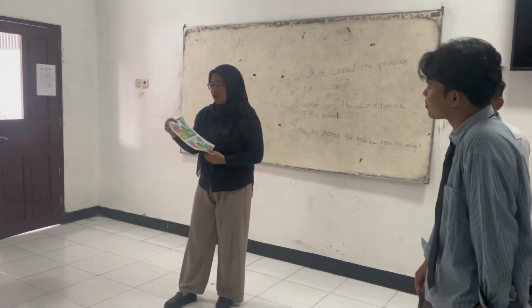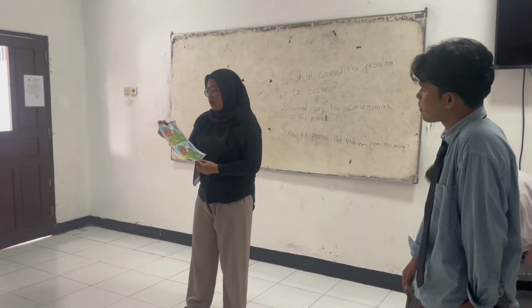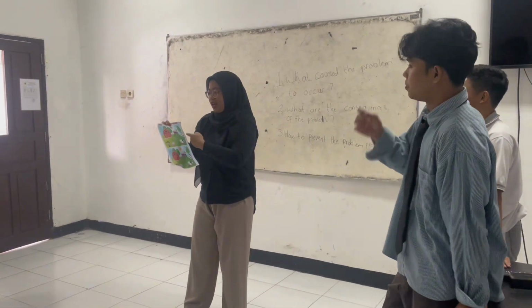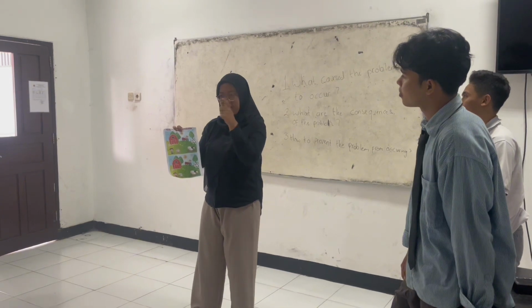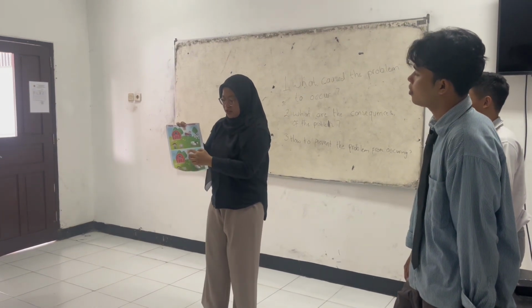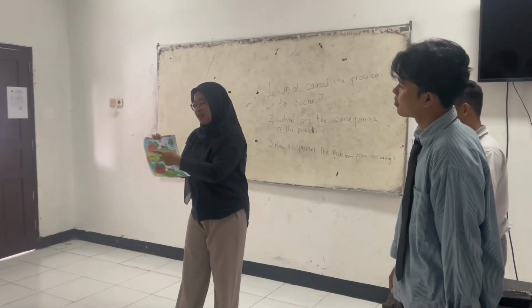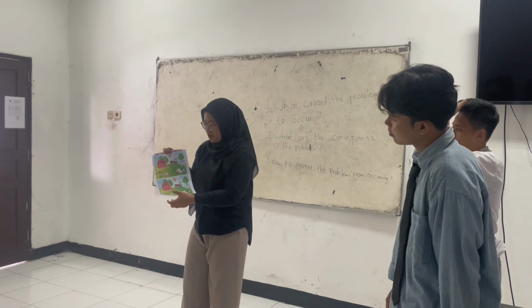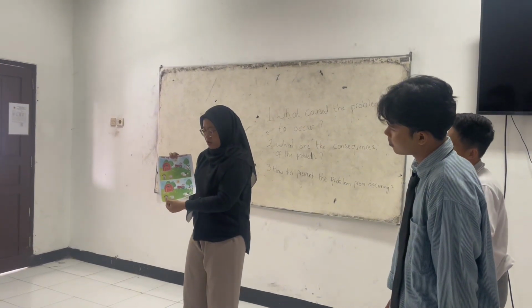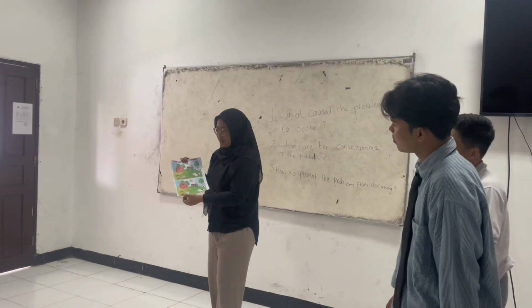We got a lot of differences between the pictures. In the first picture, the sun is wearing glasses. In the second picture, it is not wearing glasses. And the motif of the door and the color of the clothes.